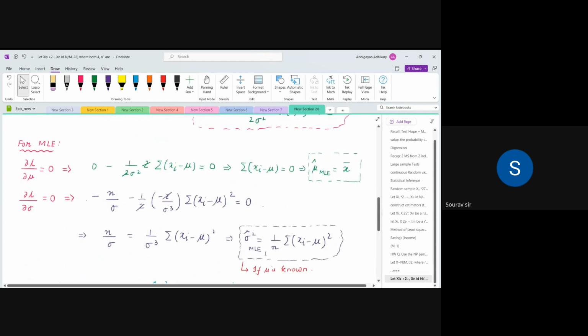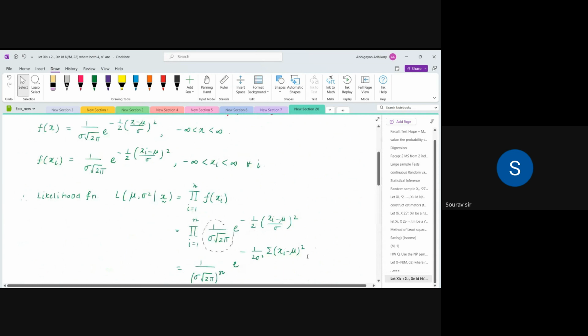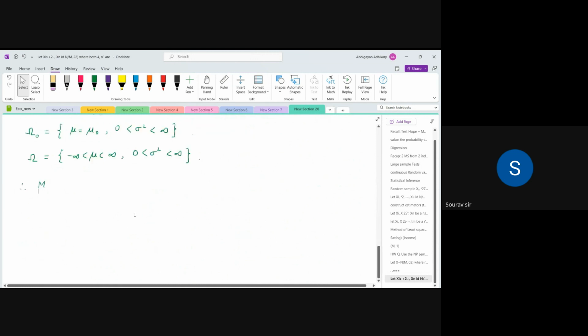Therefore, if you substitute the maximum likelihood estimate values in the likelihood function expression, what will you get? You will get the maximized value of the likelihood function. Correct? So, if I want to find out the maximized value of L under the parameter space omega, that will be what?